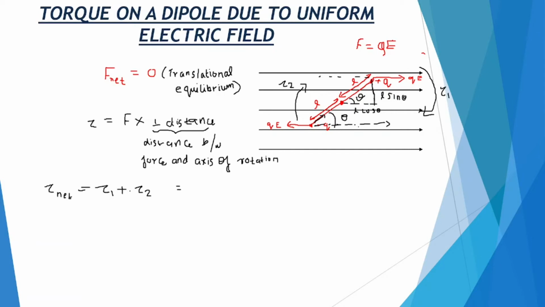We can write it as F into the perpendicular distance, plus, because the same force is acting, F into the perpendicular distance. Now what is the perpendicular distance due to the minus q charge? We should take that also, right? So the perpendicular distance, this is our axis of rotation and this is the force, so the perpendicular distance will be this.